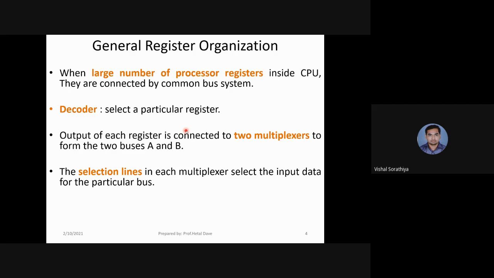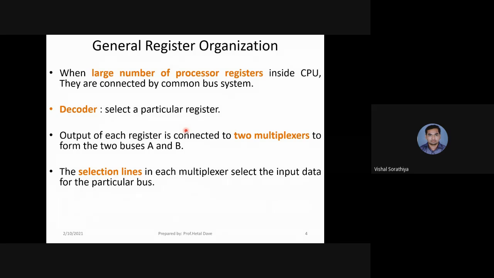The decoder selects a particular register, which we already discussed: whatever selection line you have given, according to that, it will give you the output. The output of each register is connected to two multiplexers to form the two buses A and B.